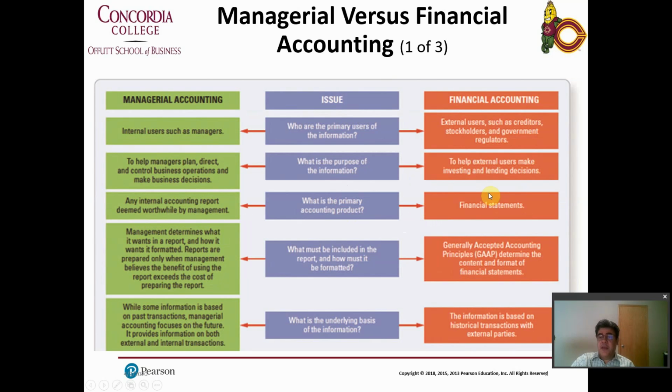Financial accounting: financial statements, balance sheet, income statement, statement of cash flows, etc. Managerial: any internal accounting report. So, in managerial, we work a lot with spreadsheets. In our course, we will be working a lot with Excel. So, be ready, guys.